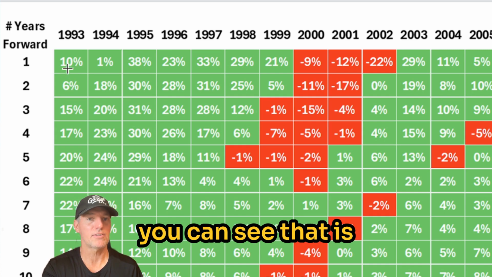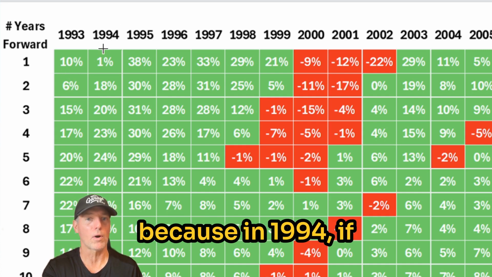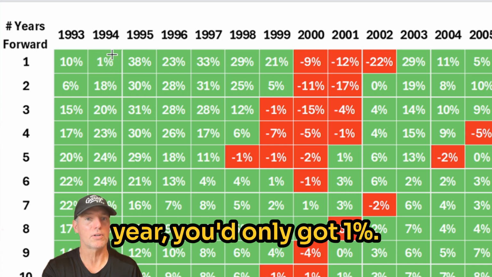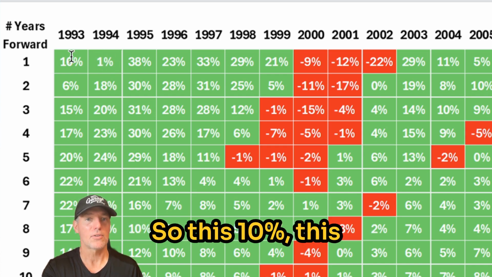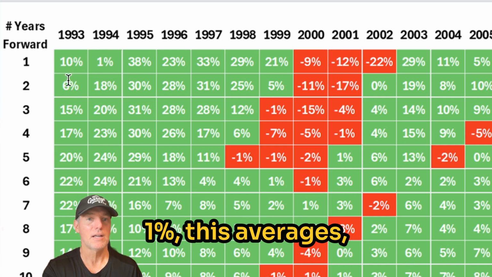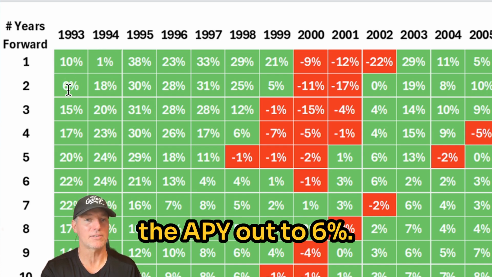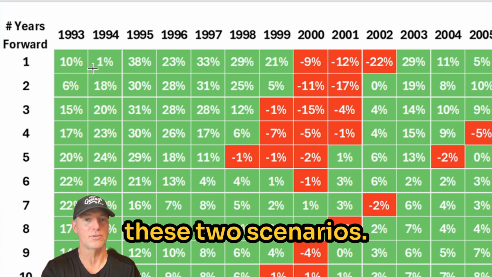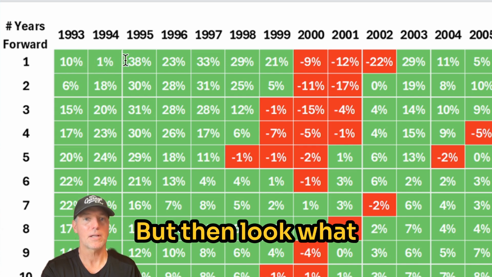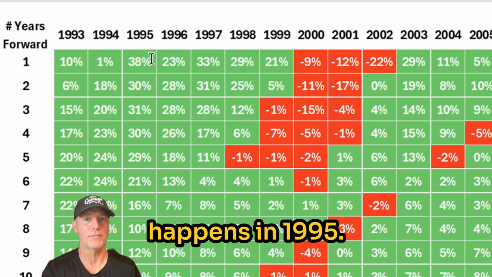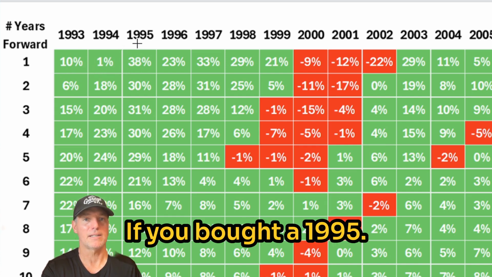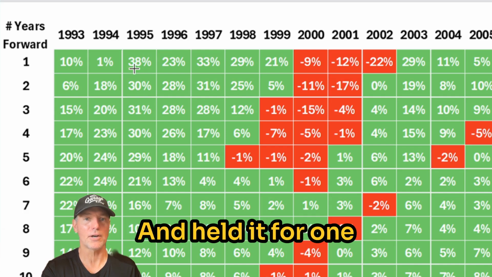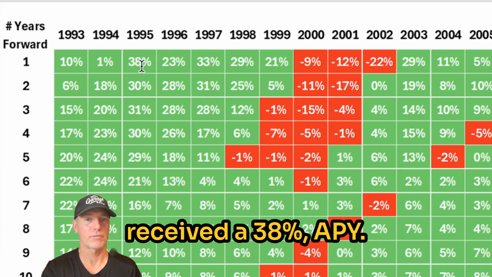Now, the reason you can see that is because in 1994, if you'd held it for 1 year, you'd only got 1%. So this 10%, this 1%, this averages the APY up to 6% if you had held for 2 years going through these two scenarios. But then look what happens in 1995. If you bought in 1995 and held it for 1 year, you would have received a 38% APY.